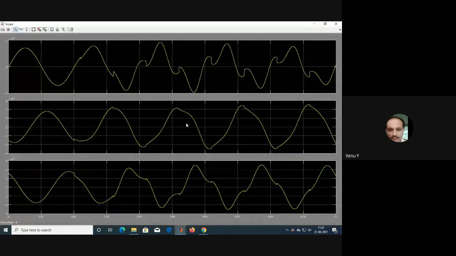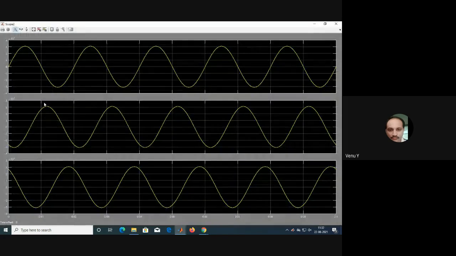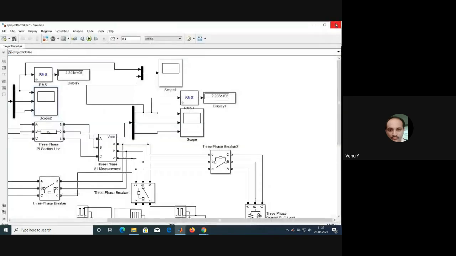Here the receiving end voltage has some harmonics introduced due to TCR. Sending end, this is the pure sine wave. So therefore, the voltage may be the same at both the ends. You can design a filter, or you can reduce the harmonics with the help of sequential switching.